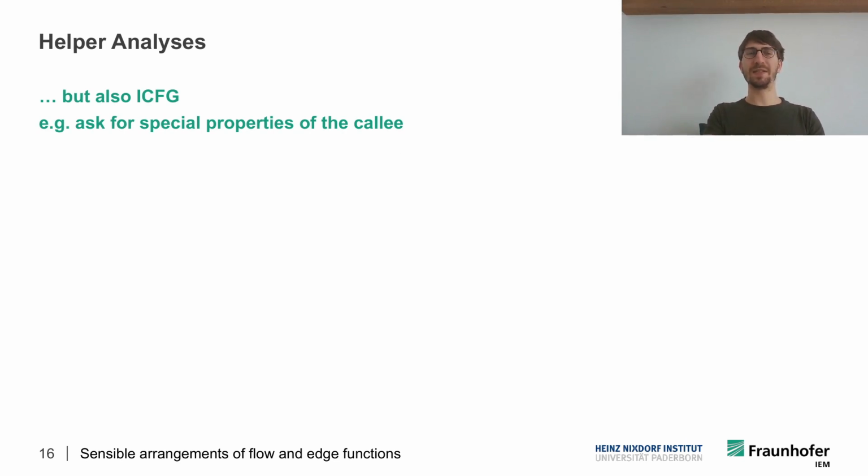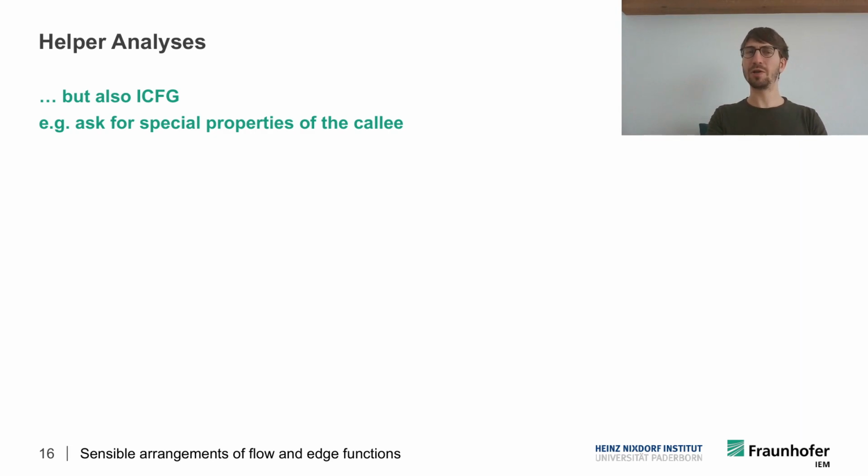Another helper analysis that is quite important is actually the ICFG. Now, of course, the solver will already resolve possible calls for you, so that when the call flow function is requested from your analysis, you are already passed the appropriate callee.